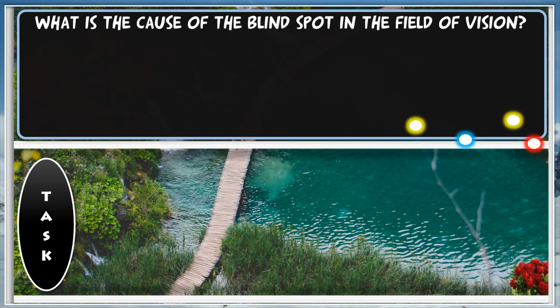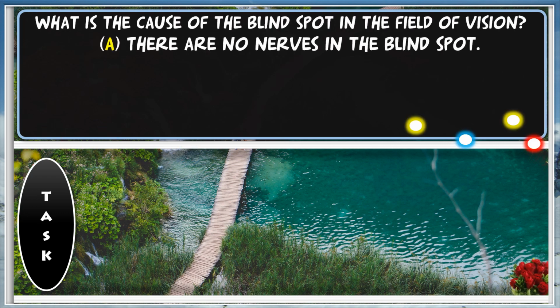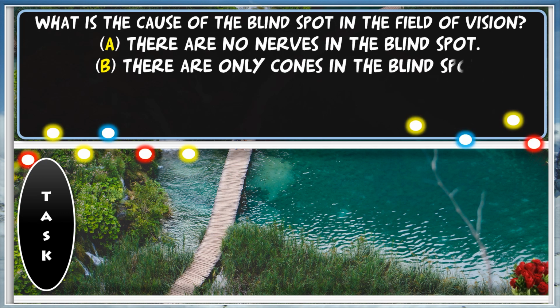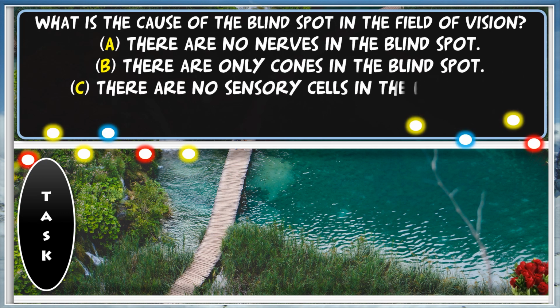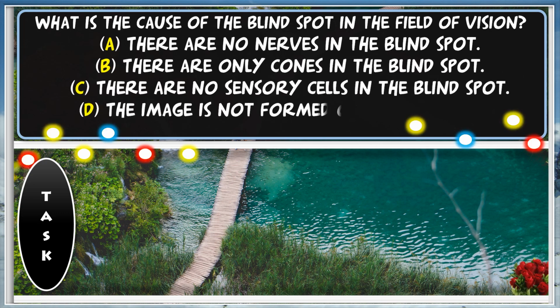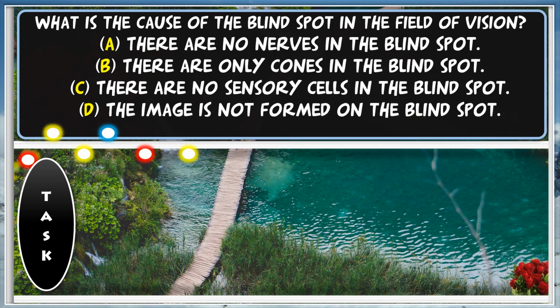What is the cause of the blind spot in the field of vision? A. There are no nerves in the blind spot. B. There are only cones in the blind spot. C. There are no sensory cells in the blind spot.